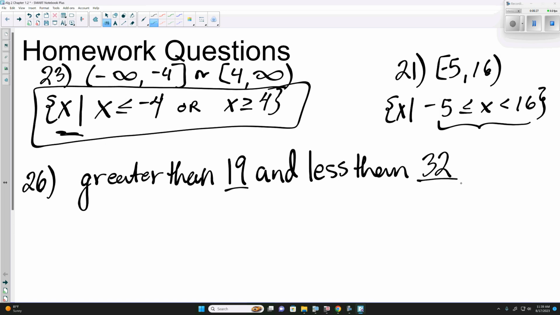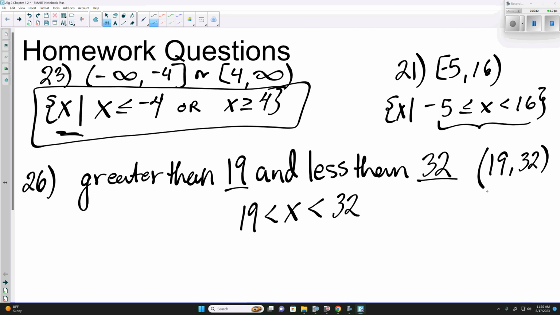The biggest we can have is? So we're saying that 19 is less than x is less than 32. If we wrote it as an interval, it would be 19 comma 32 with parentheses. But we can't put that in set builder. We need it as an inequality. Yeah, with our brace x bar, 19 is less than x is less than 32, then we have our answer. Does that kind of make sense?